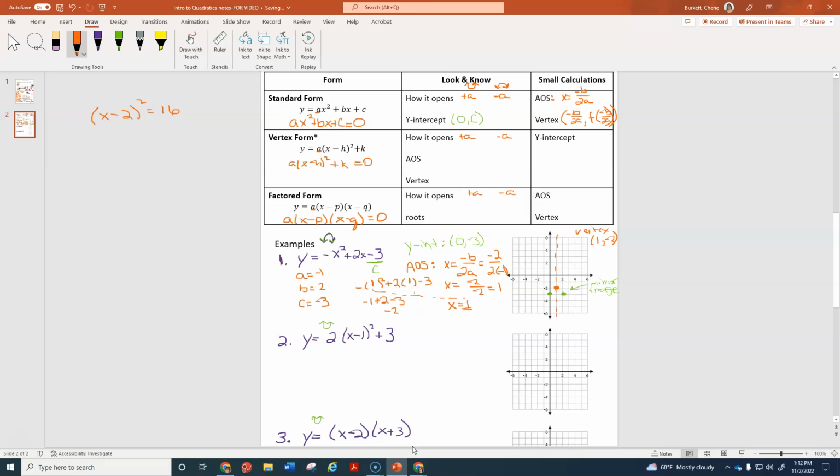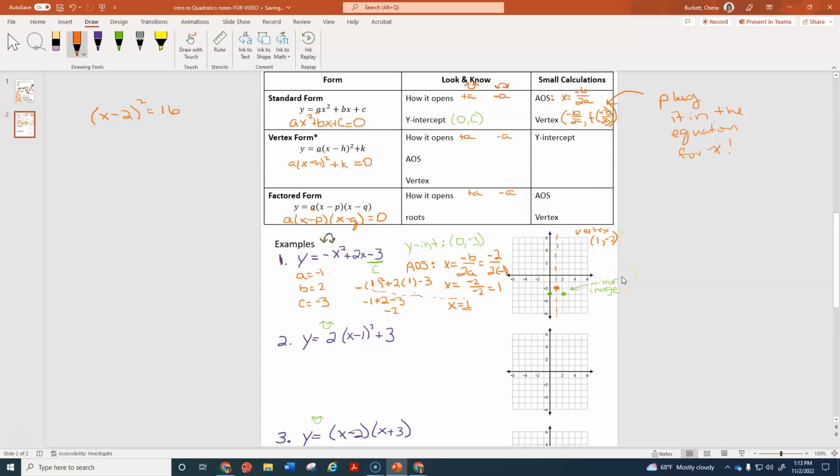This notation is just my way of saying plug it in the equation for x. We know all about plug and chug. So that's what the vertex is. The vertex is a plug and chug problem. We do this small calculation, we get a value, and then we plug it in to get the y value.